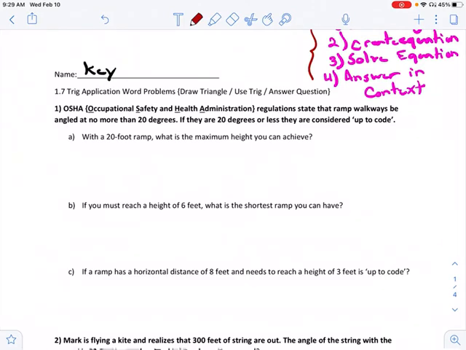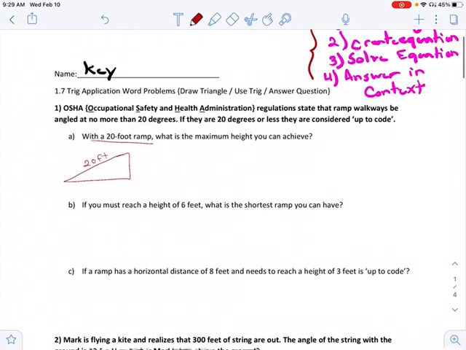So the question is, if we have a 20-foot ramp, then what is the maximum height that we can achieve? In my diagram, I have a 20-foot ramp. In order to get the maximum height, I'm going to give this the maximum angle that I could possibly get, and that's 20 degrees.